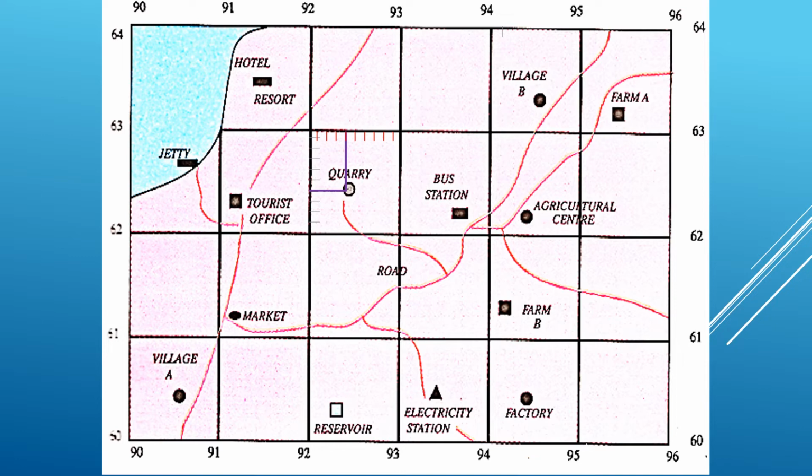So our 6th and final figure is, like the first one, 4. So it's going to be 62 4. Therefore, students, our 6-figure grid reference for the quarry is 924 624. Once again, our 6-figure grid reference for the quarry is 924 624.